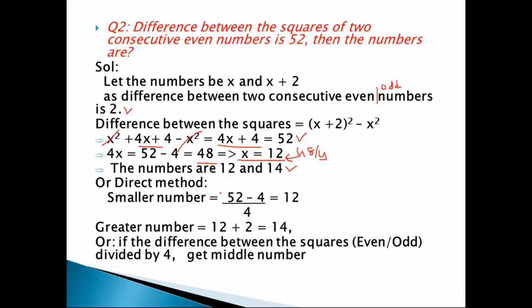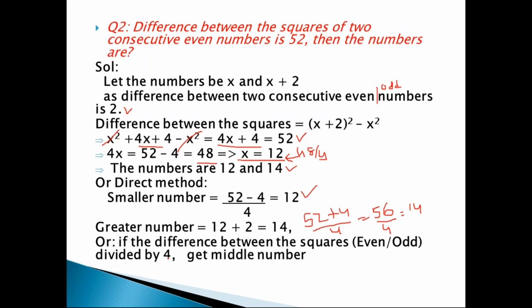Or directly you can find the answer. To find the smaller number, (52 minus 4) divided by 4 gives you the smaller number. To find the greater, (52 plus 4) divided by 4 gives you 56 divided by 4, which is 14.